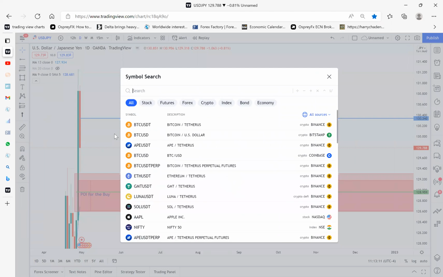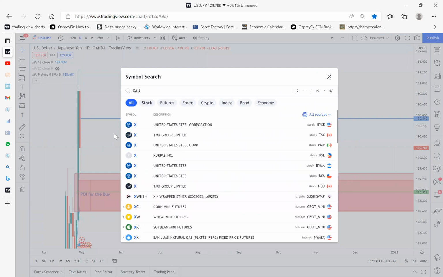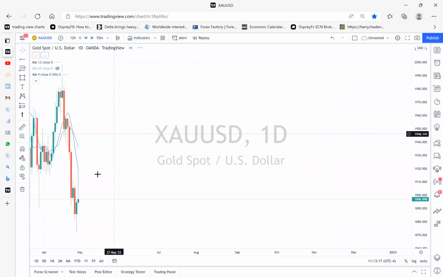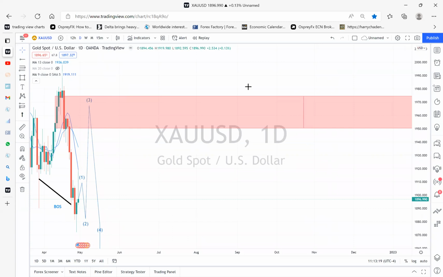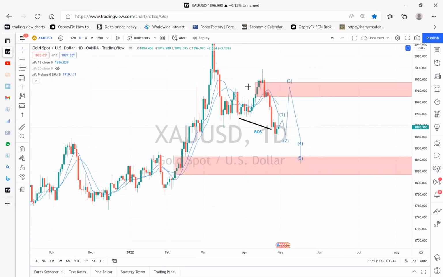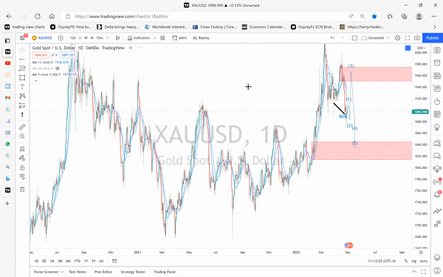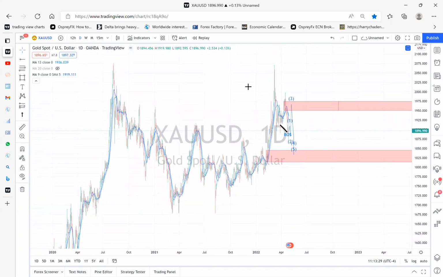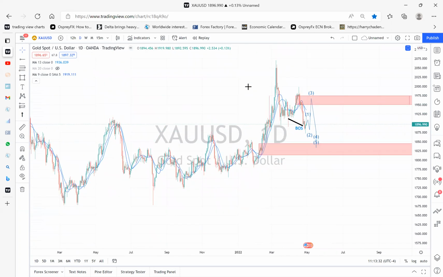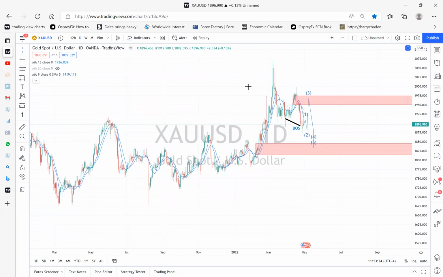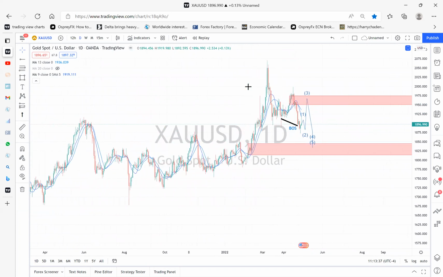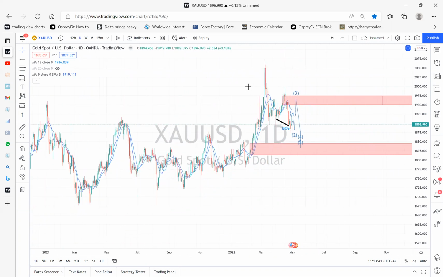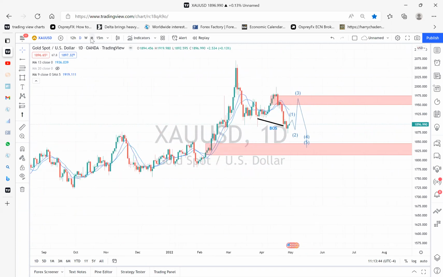I think gold had... let me see gold. Okay. So if you look at this day chart, I'm going to be able to drop down.